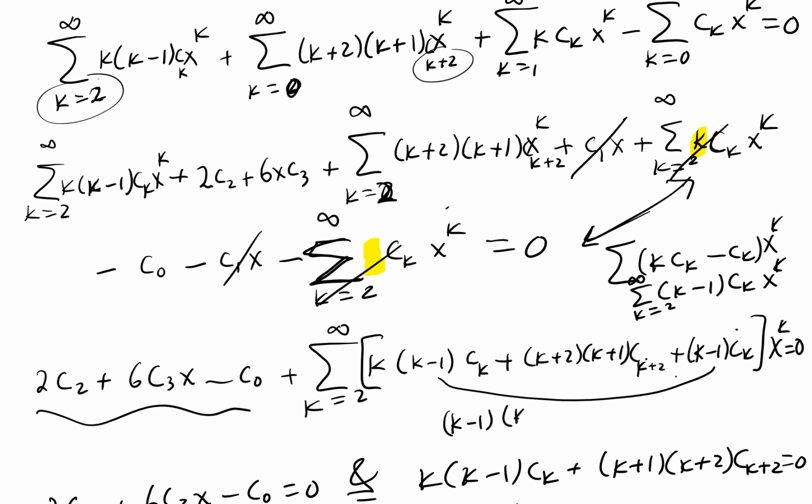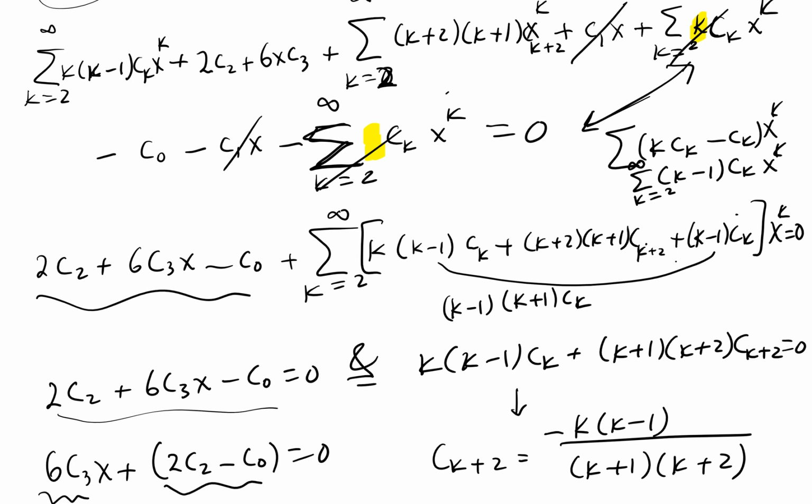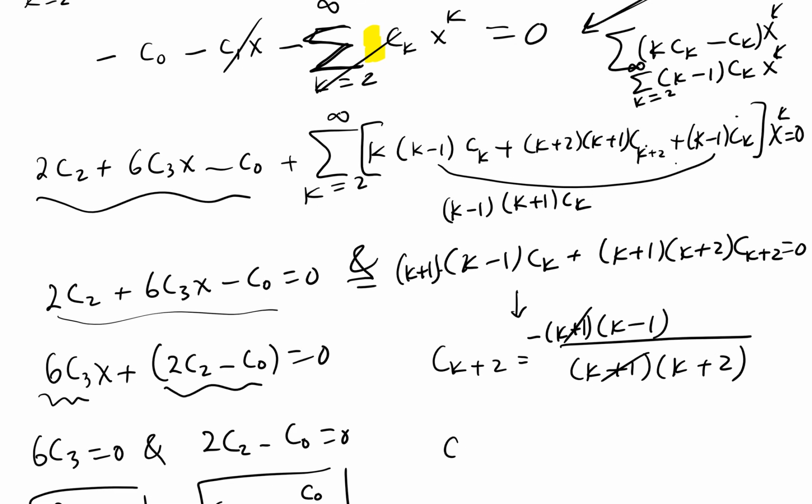That will keep a k plus 1 c_k. So now what do we got here? We got not just this, but there's a k plus 1 here. So then this gives us negative k plus 1. That cancels out. So c sub k plus 2 equals 1 minus k over k plus 2.